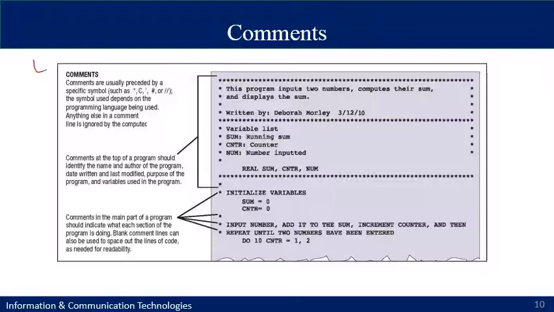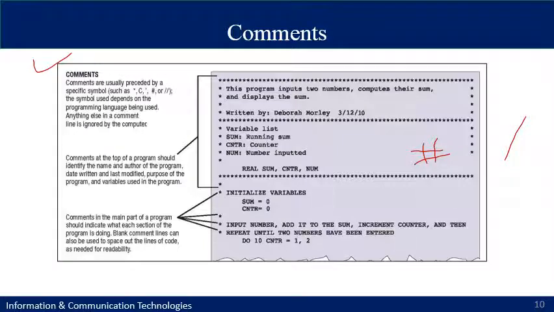Comments are also one of the coding standards which you can employ in your program development to enhance the standard of your coding. Comments are usually preceded by specific symbols, such as a hash symbol in most languages, and in some languages a forward slash can be used for comments.